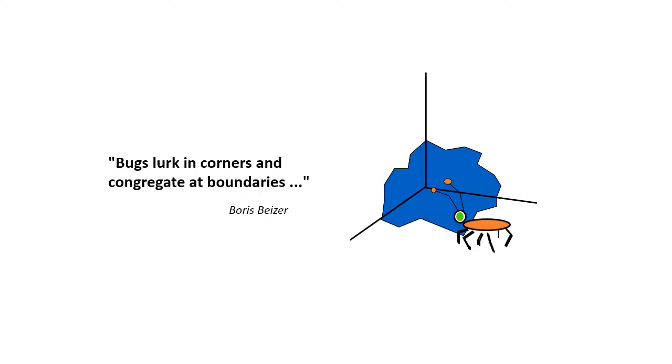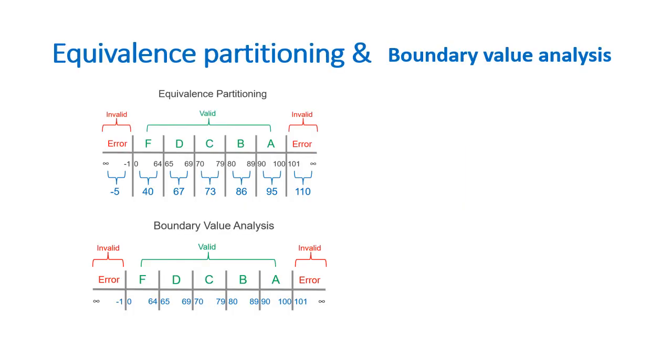In the component testing step, black box testing especially works on the boundaries. For that matter, we look into boundary value analysis. But first, we need to understand what equivalence partitioning is. Equivalence partitioning is partitioning the expected data that we are going to work with.